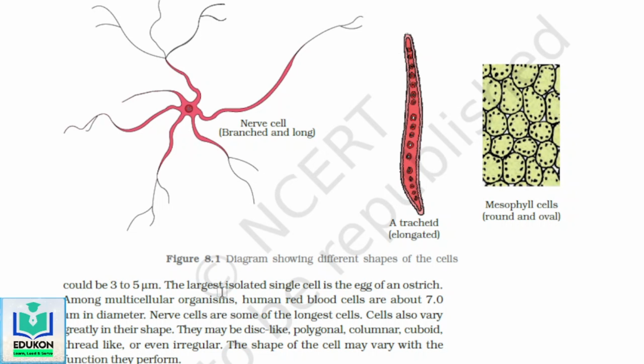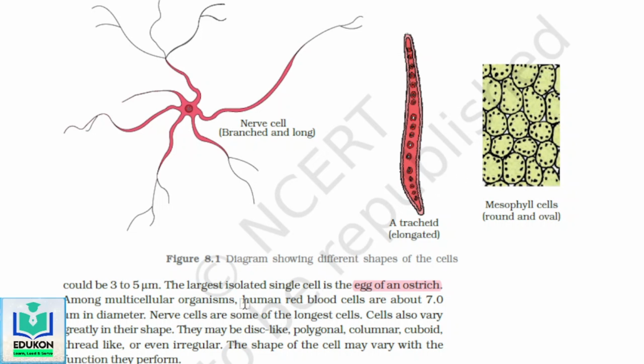The largest isolated single cell is the egg of an ostrich. This is the largest cell. What are the smallest cells? Mycoplasma.